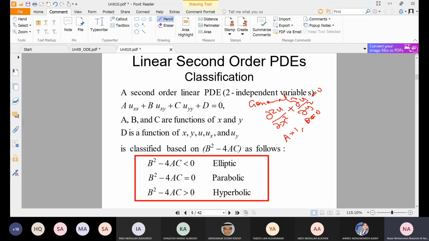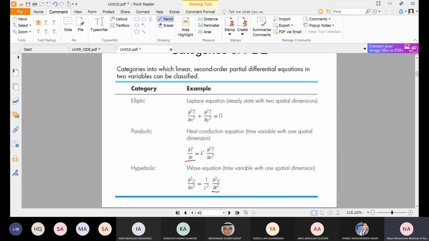This term does not appear in the Laplace equation. c equals 1, d equals 0. If we substitute, we have 0 minus 4 times 1 times 1, and this equals minus 4. This will be elliptic type. So the Laplace equation is elliptic type.